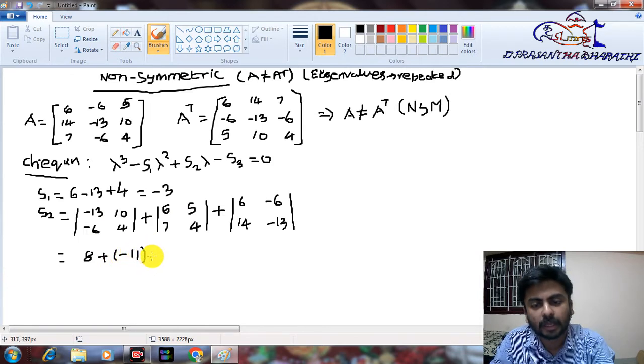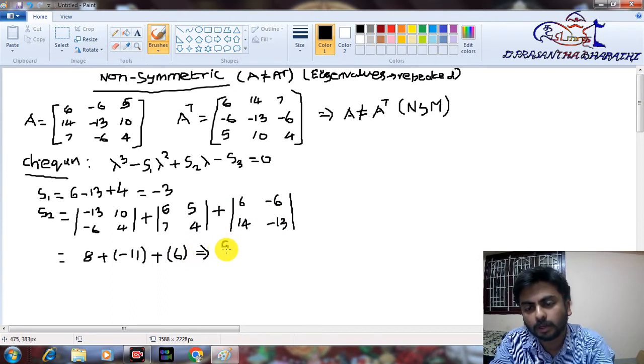After that, 6 into minus 13 is minus 78. Then 14 into minus 6 is minus 84. So minus 78 plus 84 is equal to plus 6. So totally s2 equals 8 plus 6 is 14, 14 minus 11 is 3.